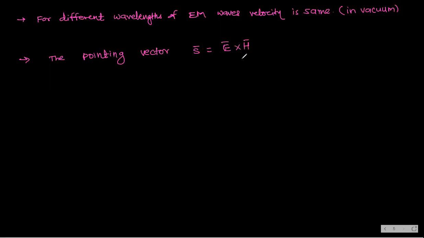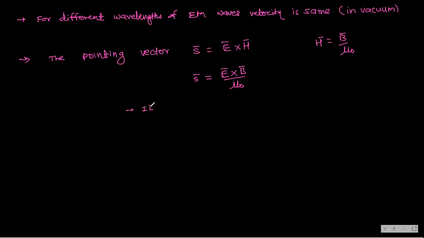H we have already learned in moving charges, or in magnetism and matter, that is the magnetizing field vector. So this H bar we know is B bar by mu naught, and therefore S bar is equal to E bar cross B bar by mu naught.